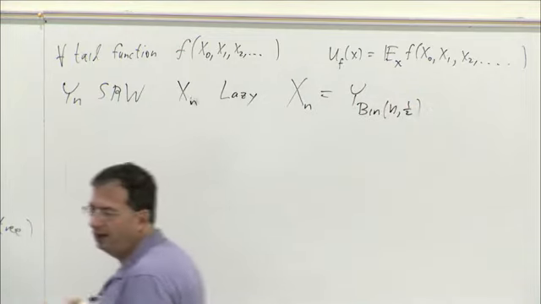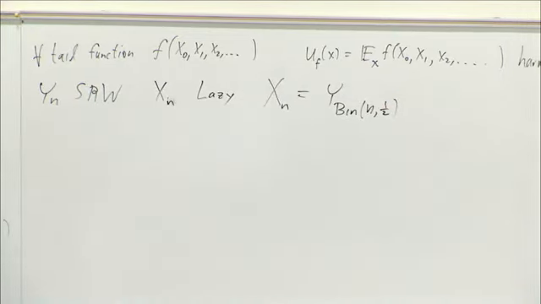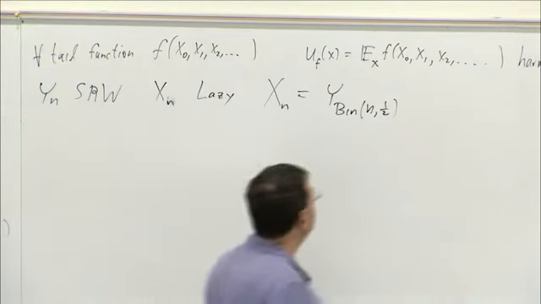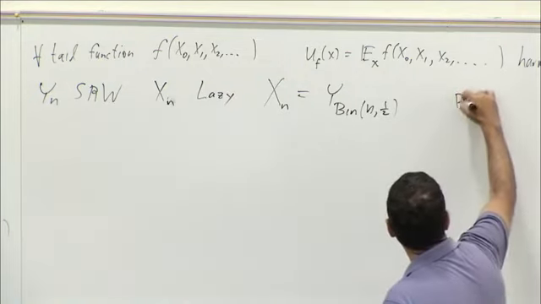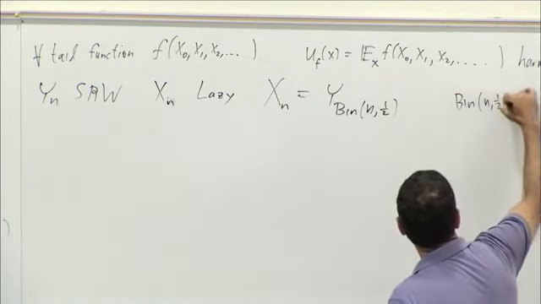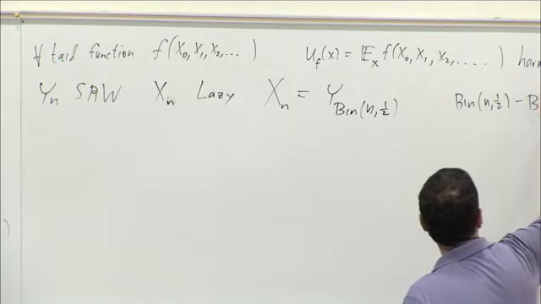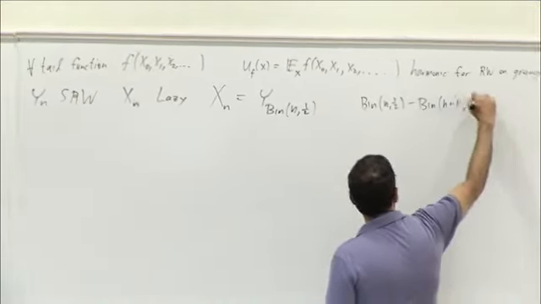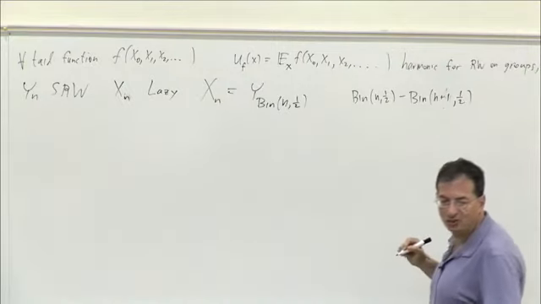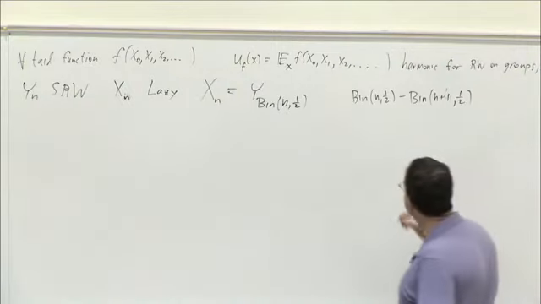Because we can obtain the lazy walk by just tossing a fair coin to decide if we're moving or not. And so the number of actual steps performed by the simple random walk by time n will be a Binomial(n, 1/2). And then the fact that a Binomial(n, 1/2) is very close to Binomial(n+1, 1/2) in total variation, which is just a simple calculation that I distributed in the notes.